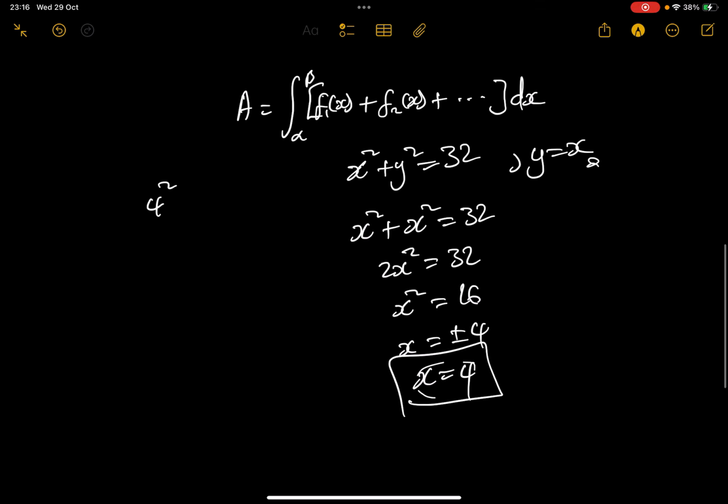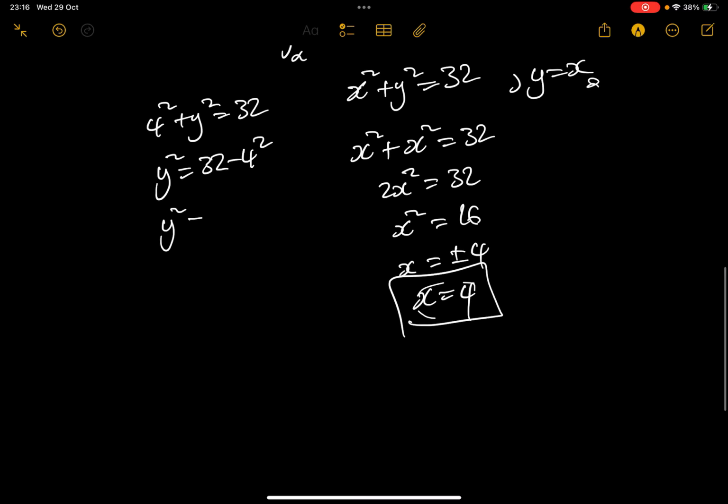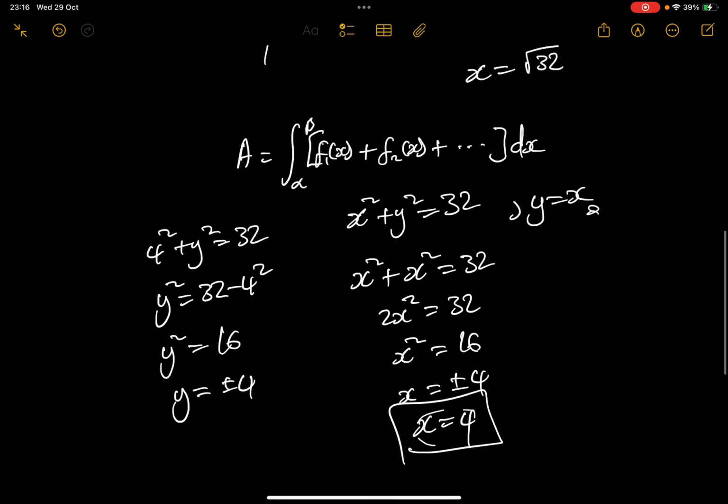So 4 squared plus y squared equals 32, so y squared equals 32 minus 4 squared, which is 32 minus 16, I'm sorry, which is basically 16. Then y equals what? The root of 16 is plus or minus 4, but we are looking at this 4.